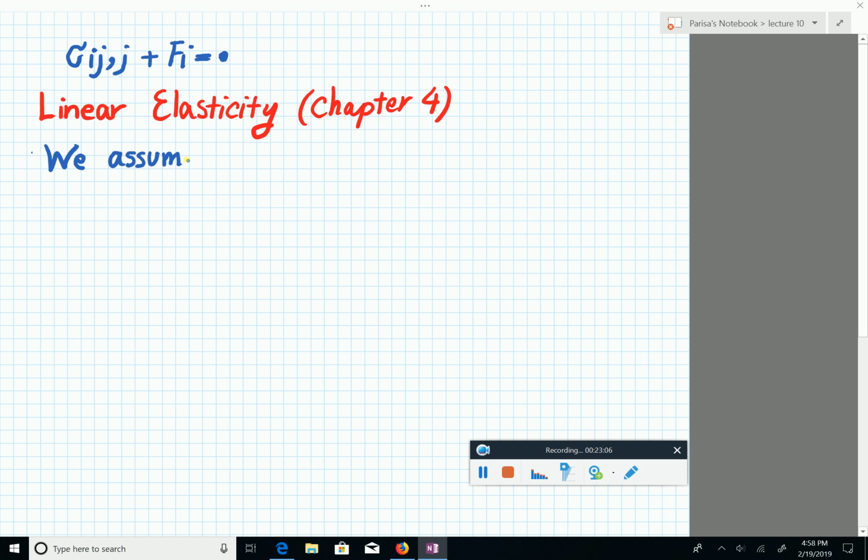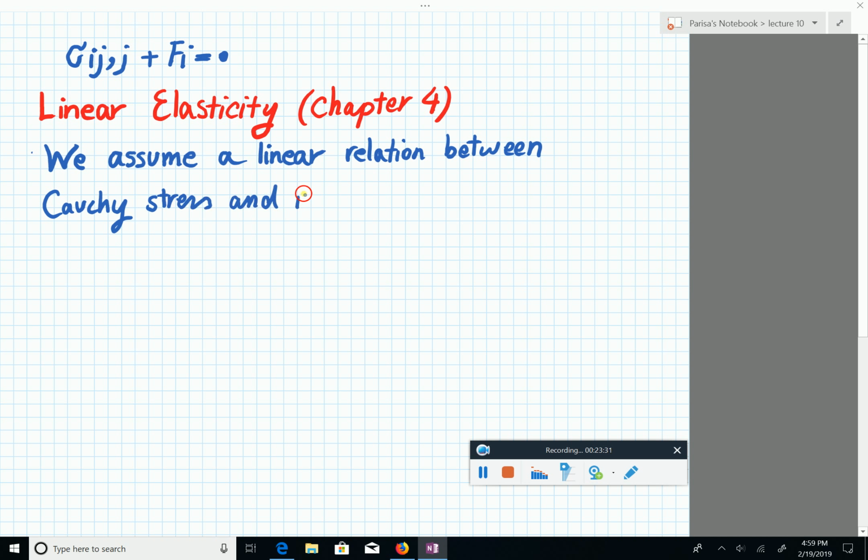So we assume a linear relation between Cauchy stress and infinitesimal strain.